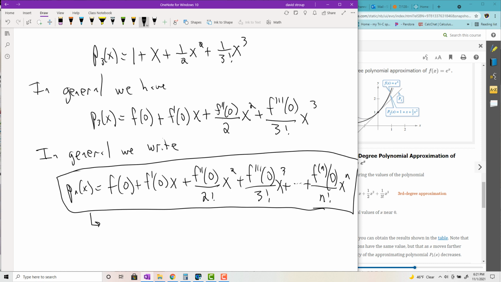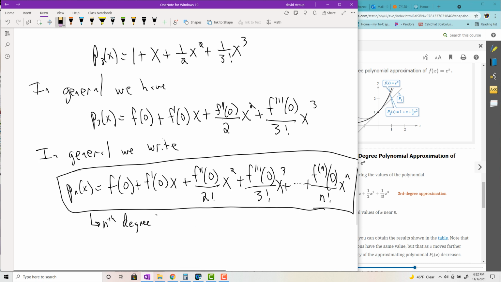So this thing is the nth degree polynomial, or nth degree Maclaurin polynomial in particular.